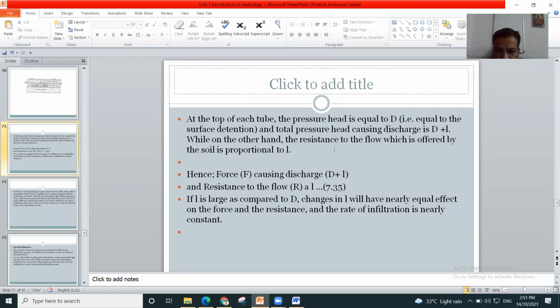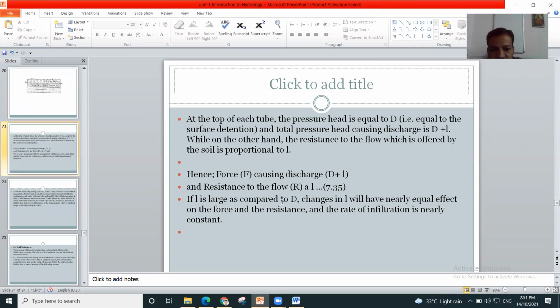On the other hand, the resistance to flow offered by the soil is proportional to L. The force causing discharge is D plus L, and resistance to flow is L. F is the force causing discharge, R is the resistance to flow.